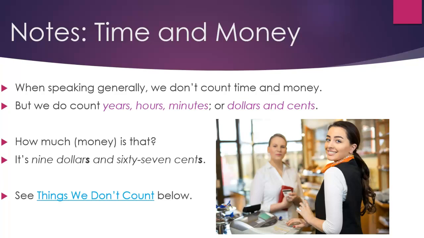When speaking generally, we don't count time and money, but we do count years, hours, minutes, or dollars and cents. For example, how much is that? Meaning how much money is that? It's $9.67. Be sure to see things we don't count at the link below.